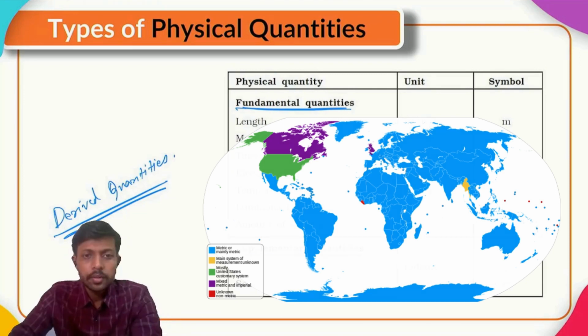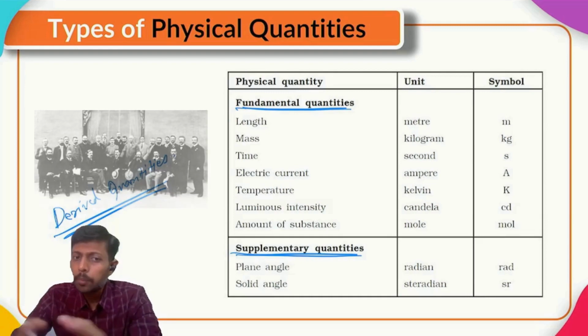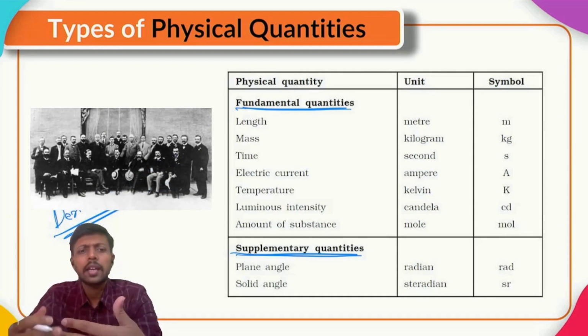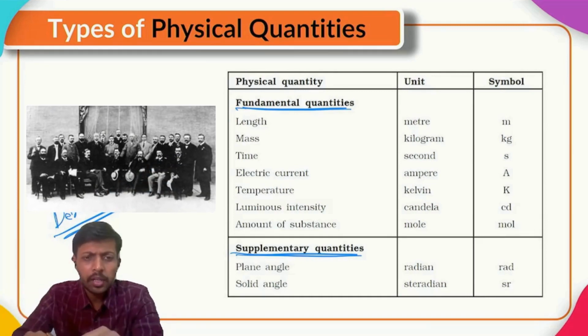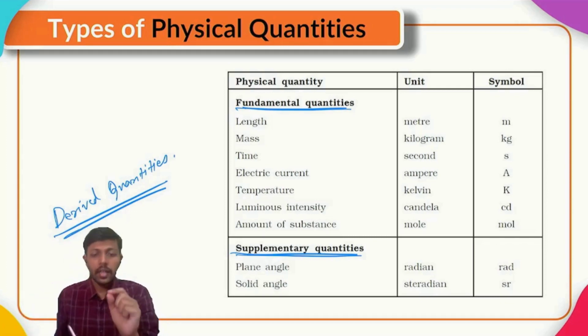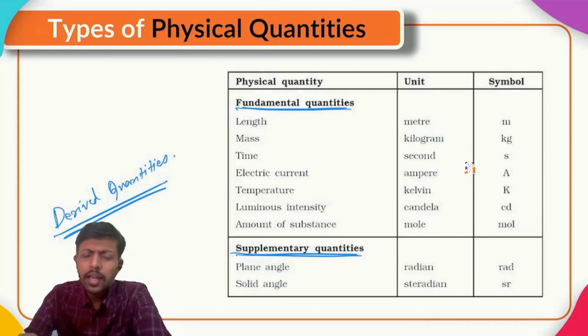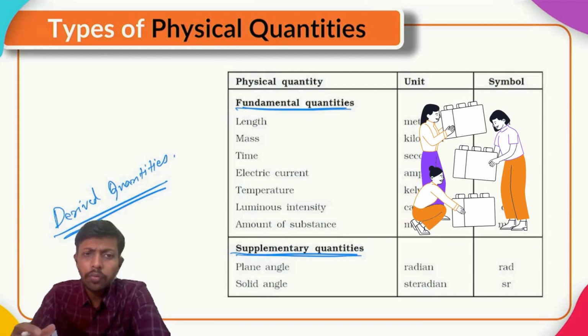Fundamental quantities are those quantities which do not depend on other quantities. A bunch of people came together and decided these are our fundamental quantities. All the physical quantities around us can be expressed in terms of these fundamental quantities. Consider these as the building blocks of measurement.